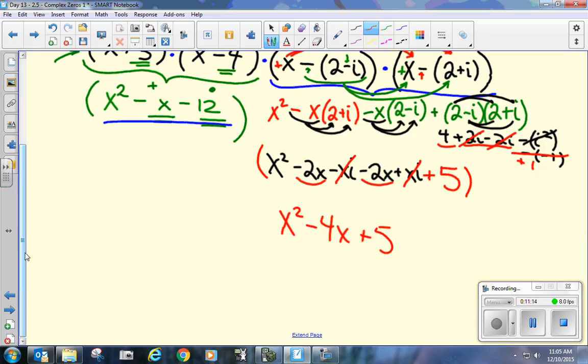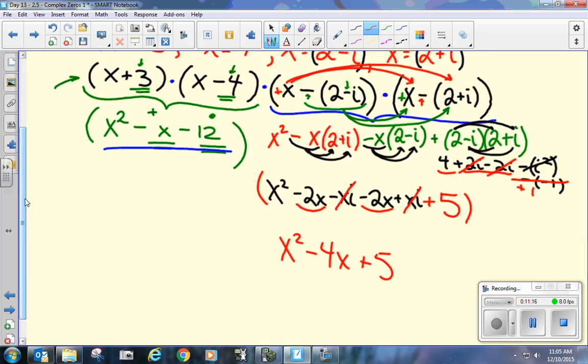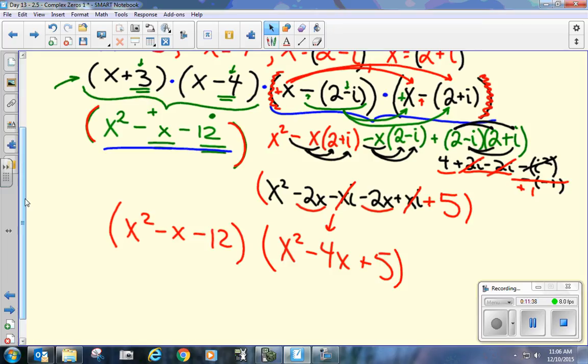This whole big mess, from here, and I multiply into this whole thing, actually worked out, so there are no i's left. Look at that. That's sweet. But I still need to multiply this times this right here. I know, it's like 3 problems in one.